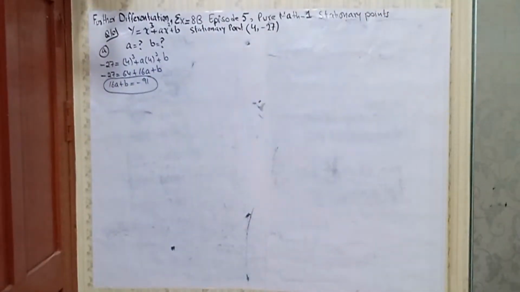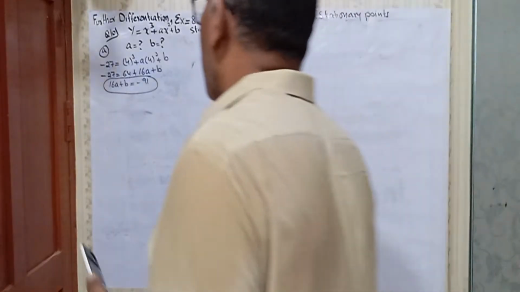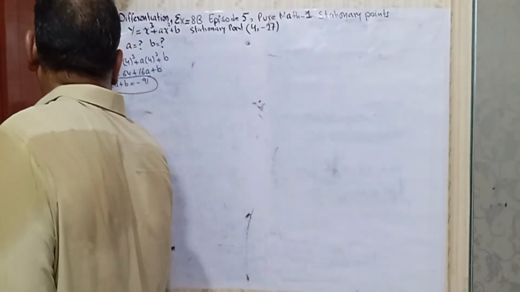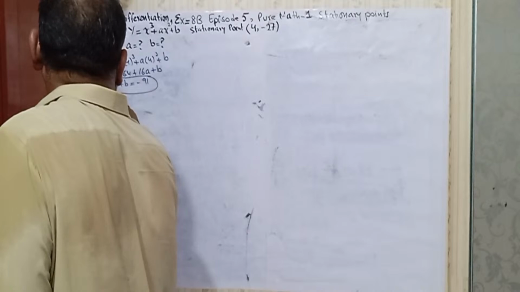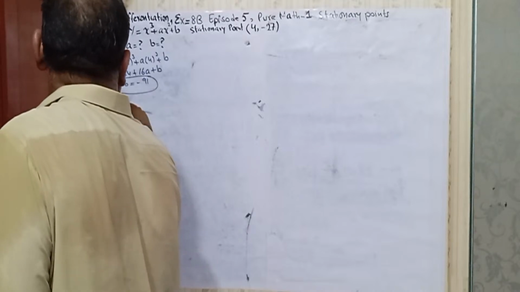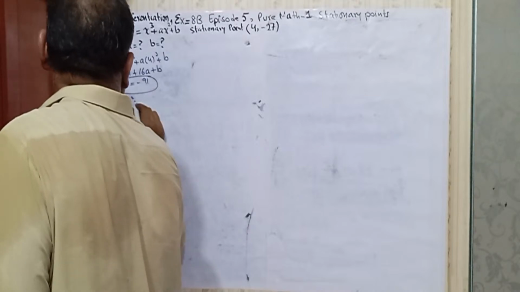Now I will find another equation in a and b. He said that this is a stationary point. On the stationary point, the dy/dx value will be 0. So I will differentiate that equation. The y is given, so y equals x cubed plus ax squared plus b.